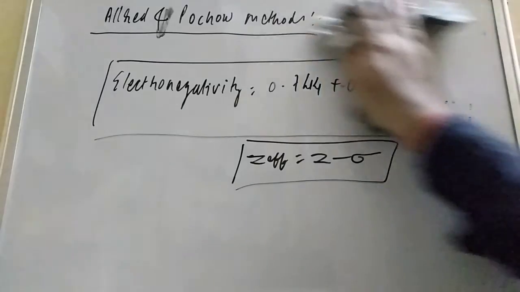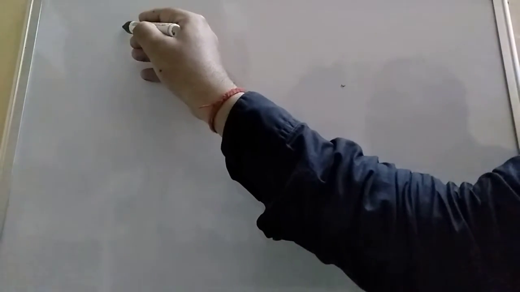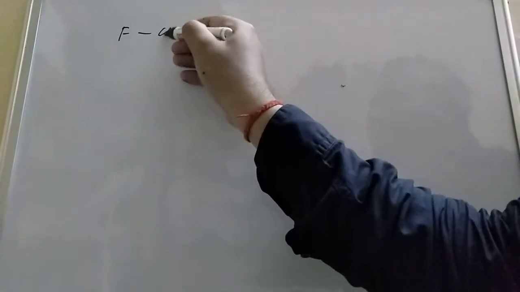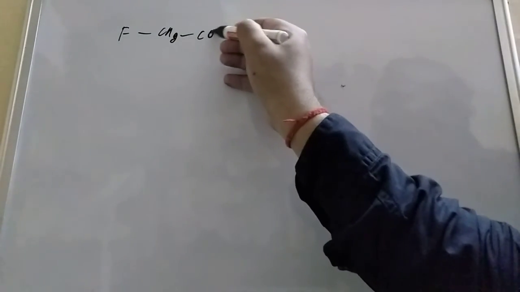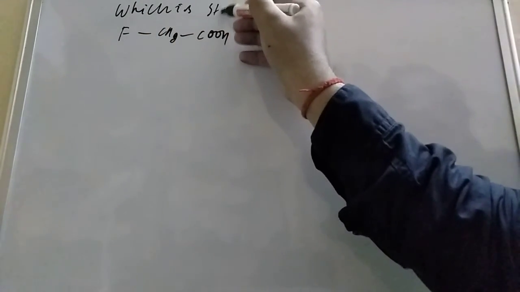Now one problem I am giving, students, on the basis of electronegativity. Electronegativity has immense applications in chemistry. Here are FCH2COOH, ClCH2COOH, BrCH2COOH and ICH2COOH. Which is the strongest acid?